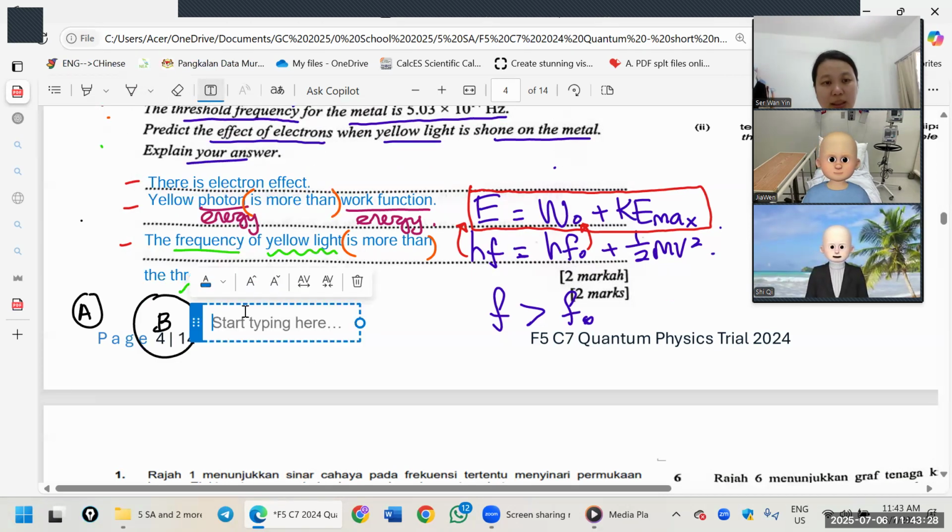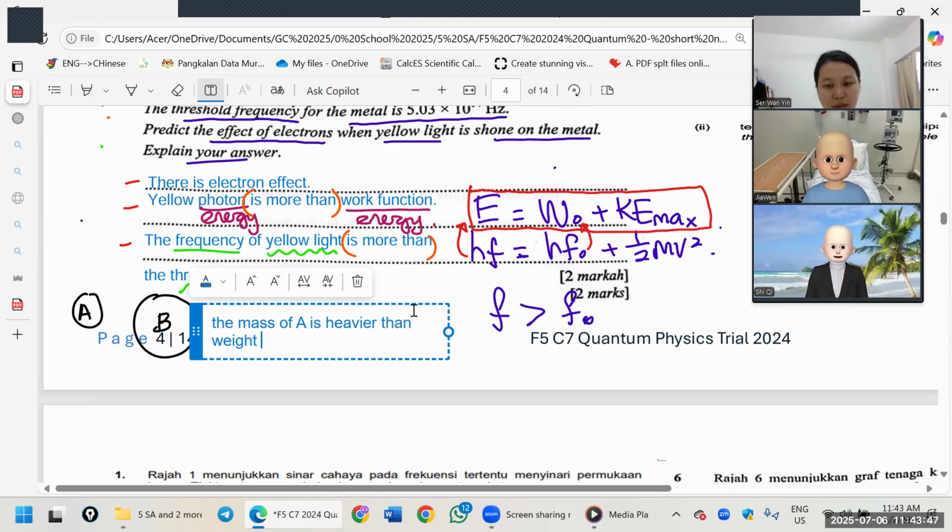Can I say the mass of A is heavier than B?